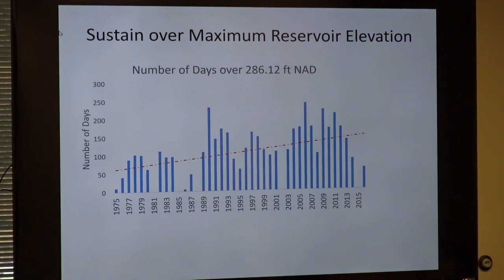You can see there are a number of days every year. 1985 doesn't have anything, 1981 doesn't have anything, 2014 doesn't have anything, but there are many times that the reservoir has stayed above that maximum reservoir volume that we're talking about.